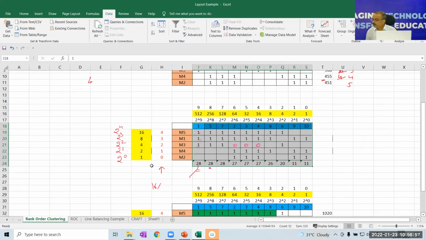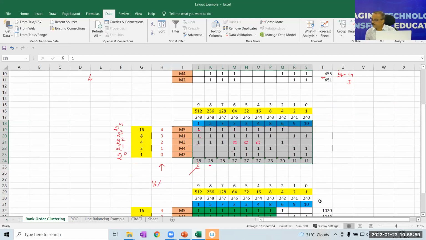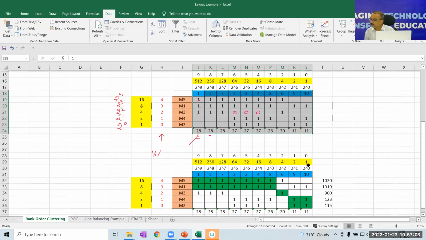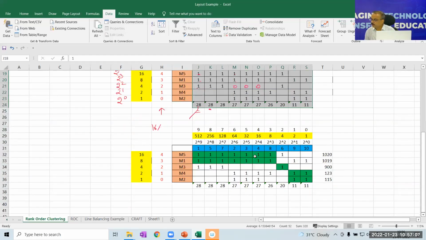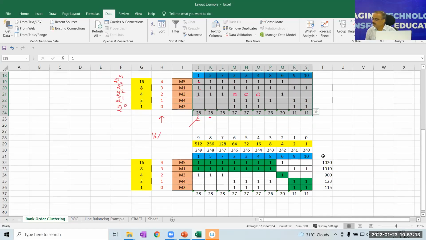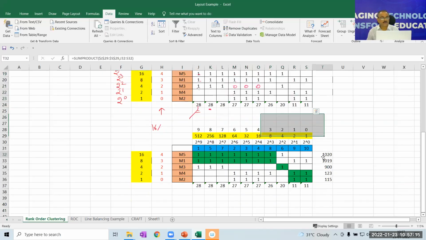So you have to repeat it first for the column operation and then with the row operation till any further change. So in the second stage, then again I have done the grouping here based on the row values and column values. So again you have to repeat the process. You have to give ranking. First the binary weight, calculate the values based on the sum product function by multiplying with these particular values, and then you have to rank those.